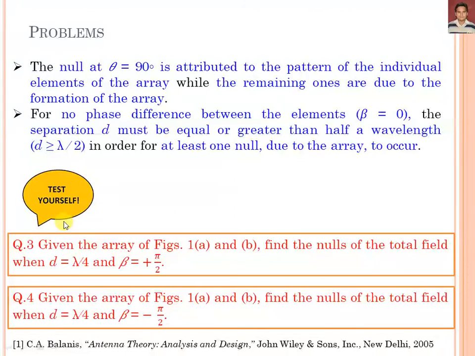So from this lecture you will get the basic background of the array antenna. Then you can analyze the two element array configuration and problems associated with it, and understand the concept of pattern multiplication.